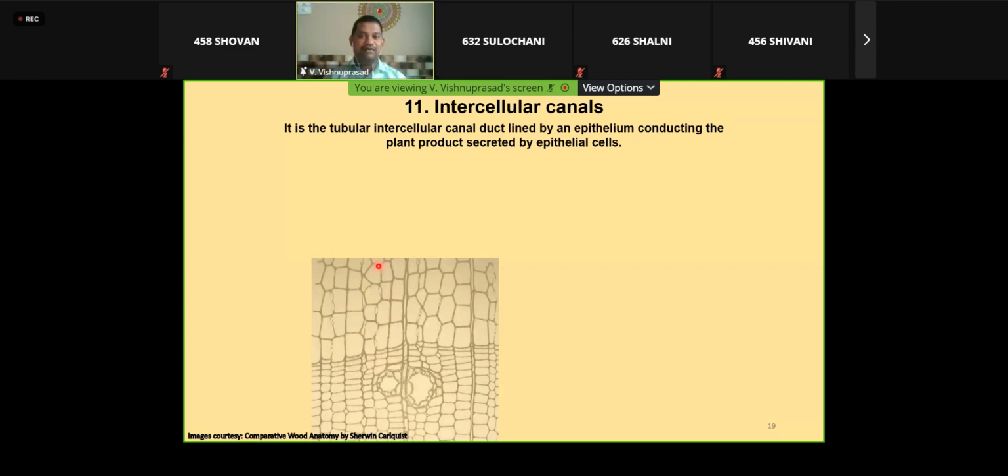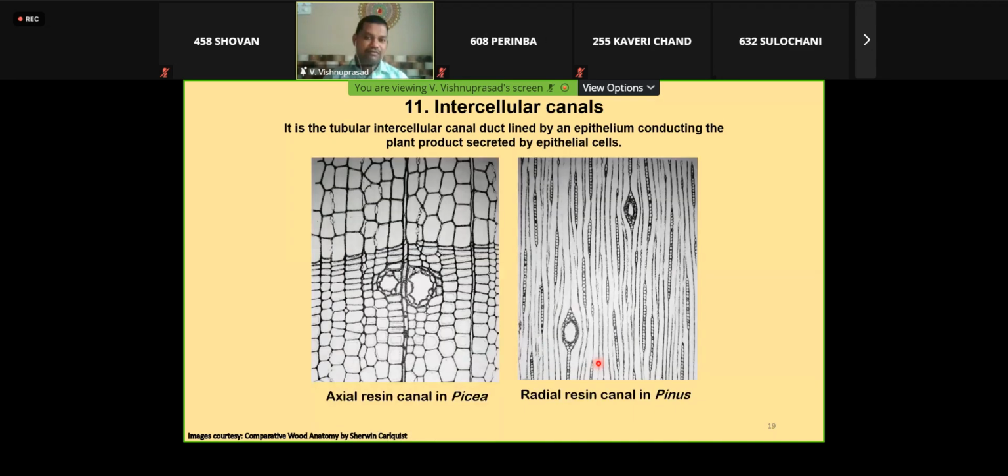The most important feature which you find in a hardwood are the vessels, because the vessels are the conducting elements. They conduct sap upwards. And yesterday, as I mentioned, because of the presence of vessels in the hardwood, you have fibers for mechanical strength and support.